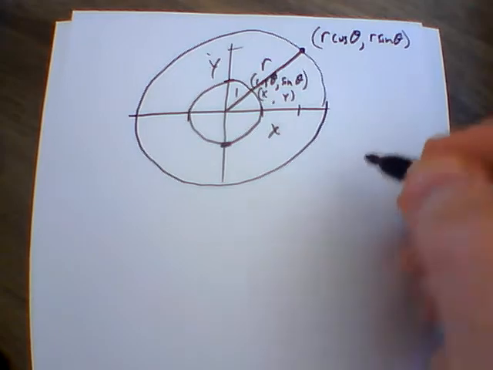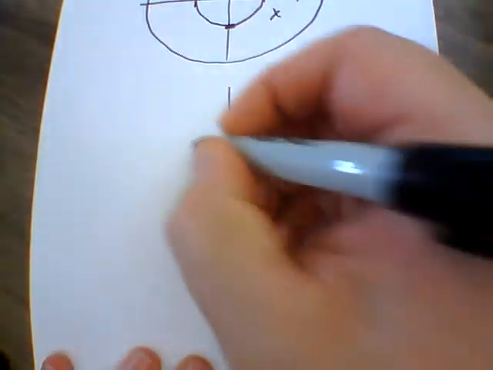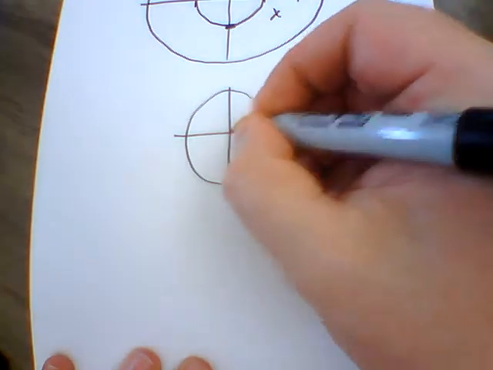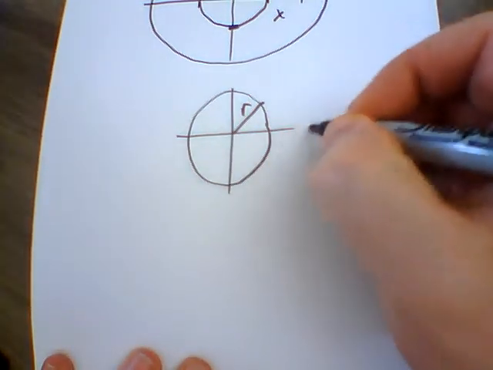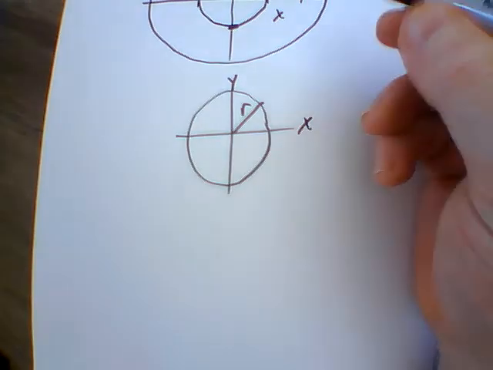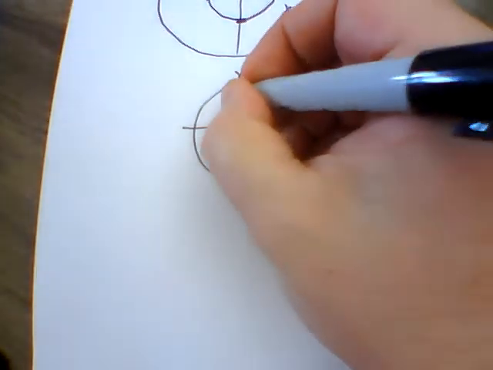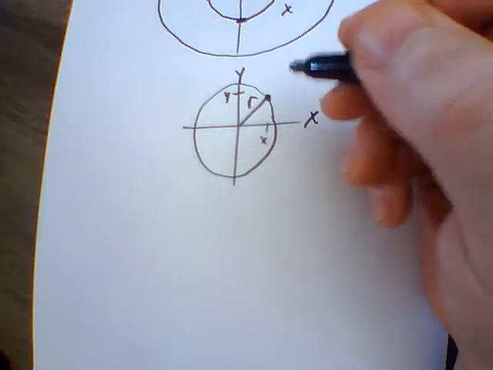If I redraw this just a little bit down here so we can see it better, we don't have anything going on, we just have our xy axis. When I look at my points here, this is an x, this is a y, and r is going out here.